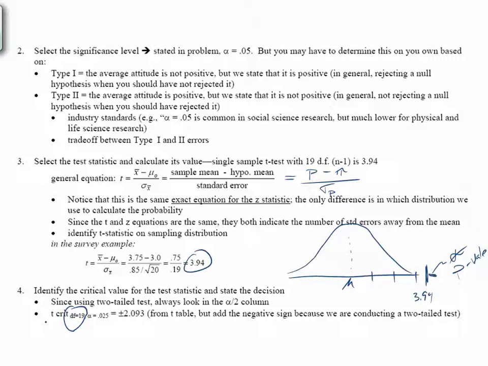The alpha is 0.05, but we're doing a two-directional test, so you notice that we're splitting that between the two tails. So we find that the critical value on the t-table in this case is 2.093, and we move to step 5.